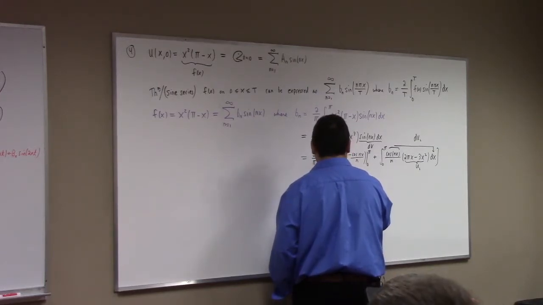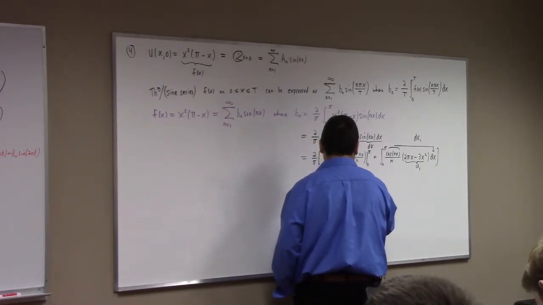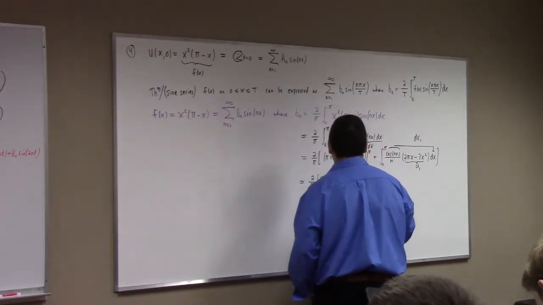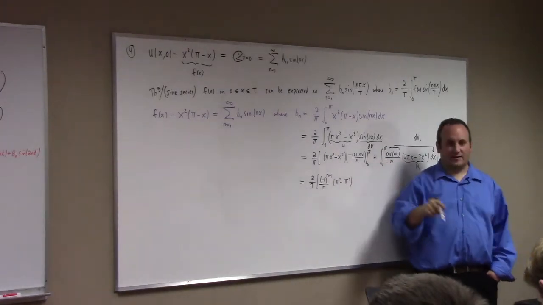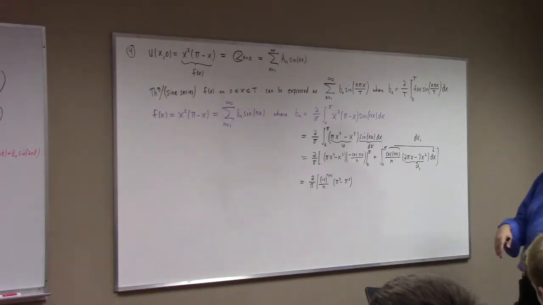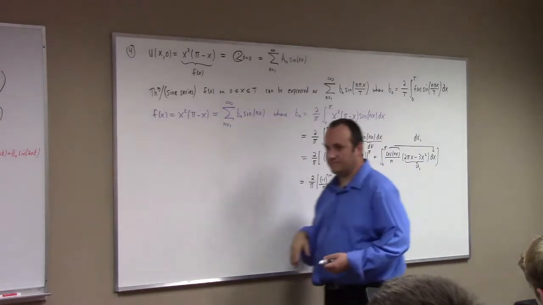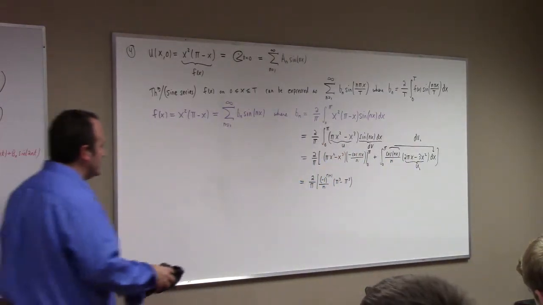That's minus 1 to the n, but I've got a minus, so I get minus 1 to the n plus 1 over n times pi cubed minus pi cubed. This actually is just gone. This whole first piece zeroes out. Let me just erase that. That's nice.